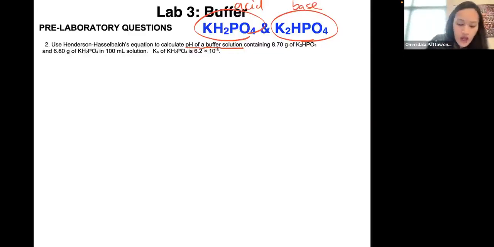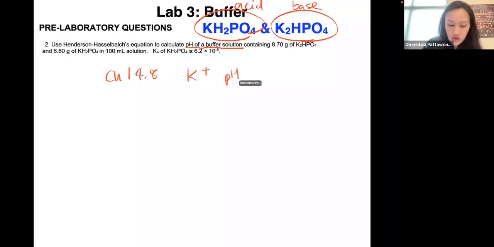Note that when we look at salt in chapter 14.8, we see the potassium ion. This potassium ion comes from a strong base, so it is going to be pH neutral, which means it will not react with water.